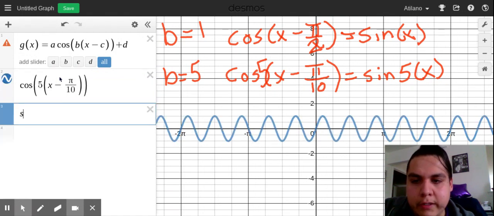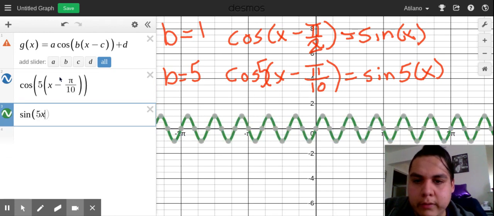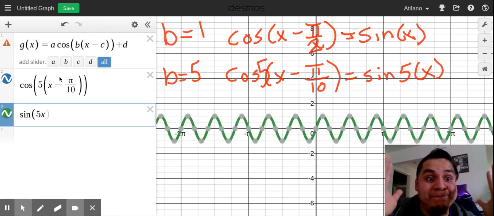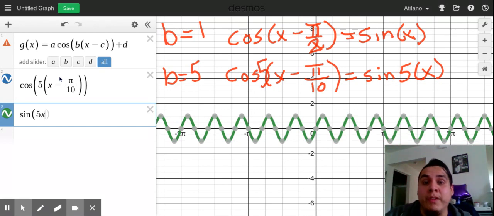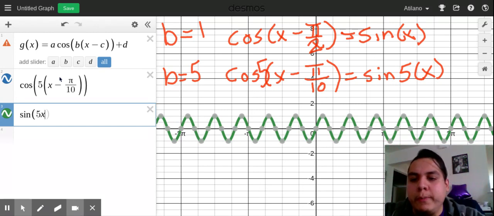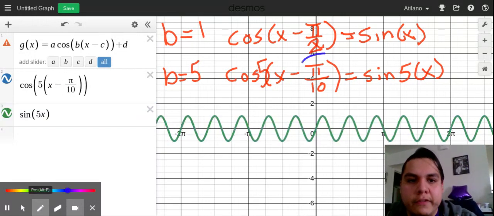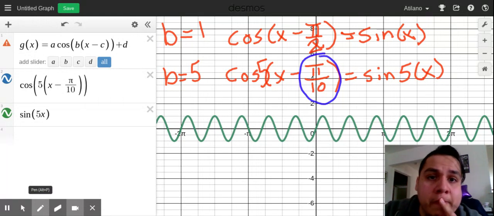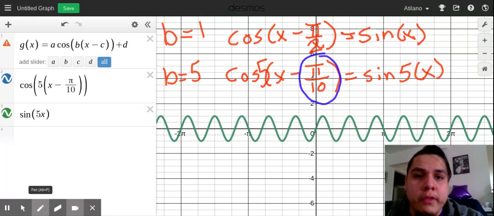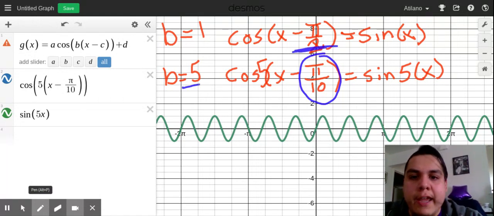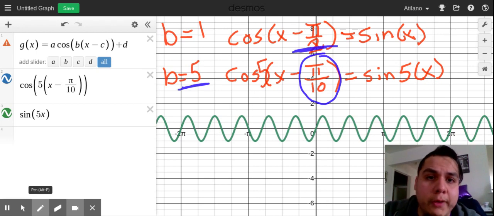And I wanted sine of 5x. So think about what I did to figure out this phase shift right here, given that I knew this relationship here and I had a new b value, right?